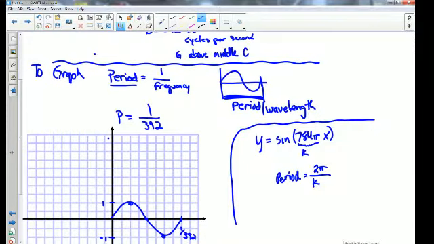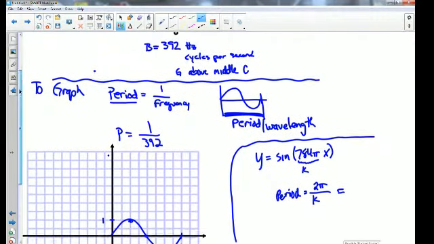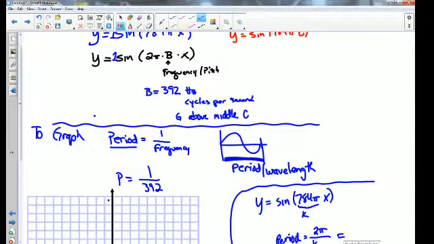It's not hard. It's the same thing. We've done it in 2 steps. 2 pi times 392, and then 1 over frequency gives us 1 over 392. That's 2 steps.